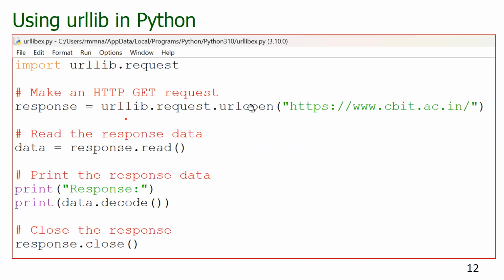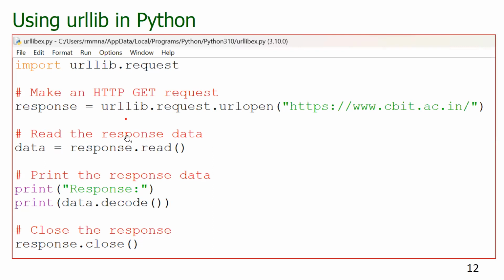Earlier we used the get method, now you can use urlopen. For example, the same URL as earlier, https://www.cbit.ac.in. You can give your own website, no problem. Any website works. So we made the HTTP GET request.